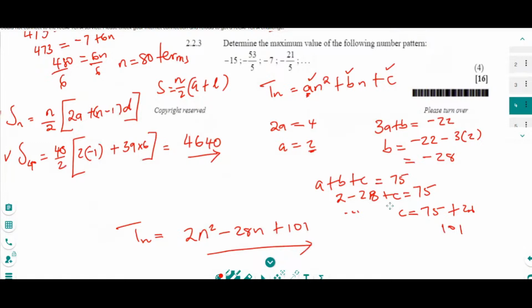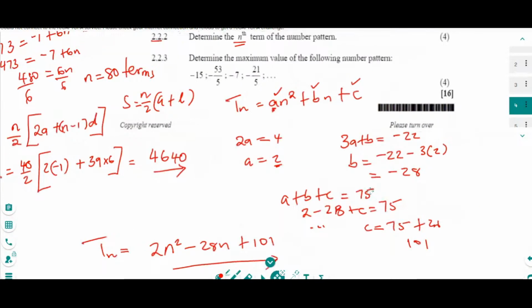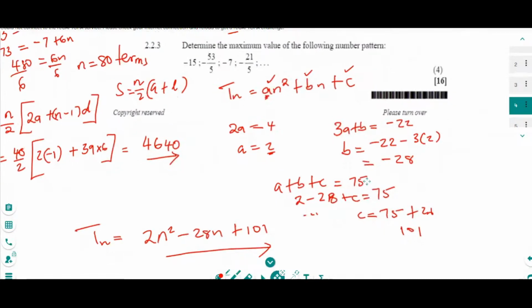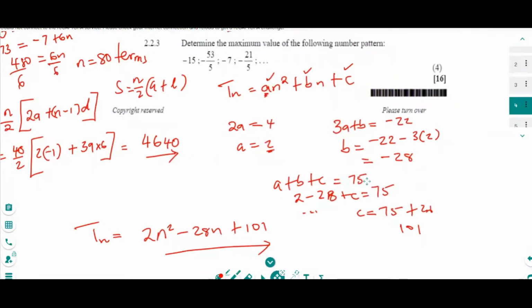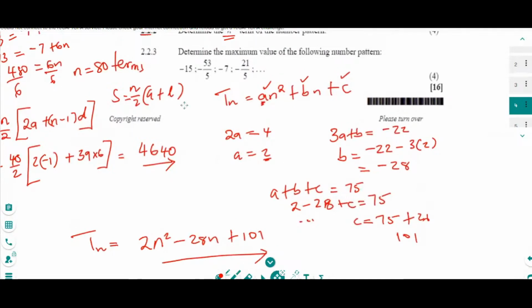So with the next question, they're asking us, determine the maximum value of this pattern. Determine the maximum value of this pattern. So when I look at this pattern, I can see negative 15, negative 53 over 5, negative 7, negative 21 over 5, and so on.